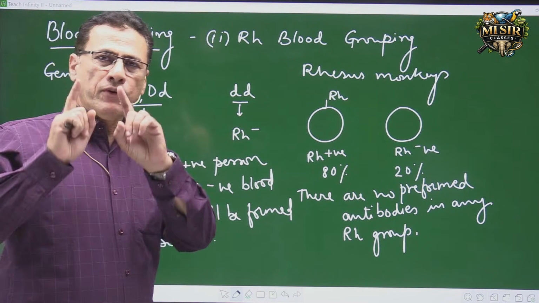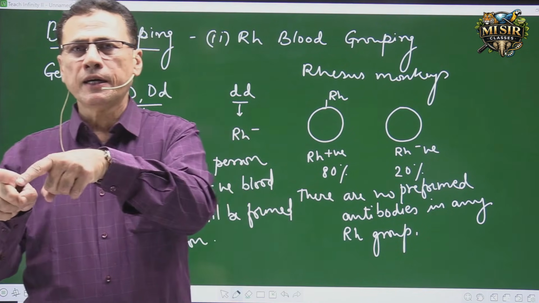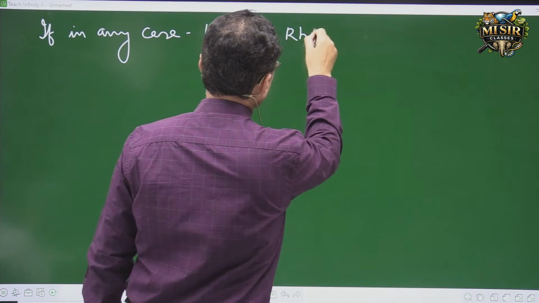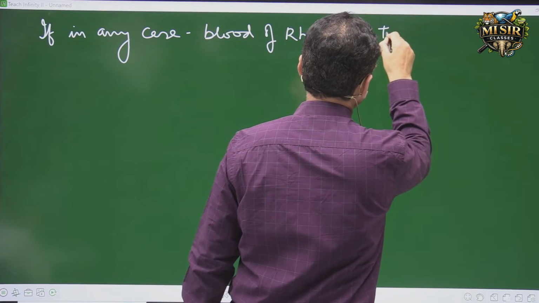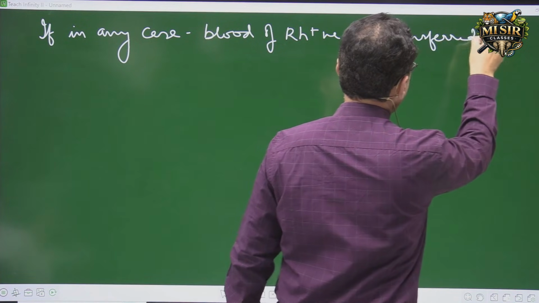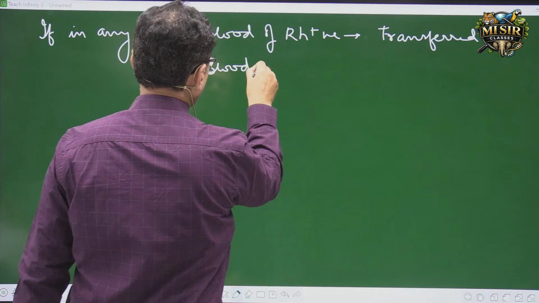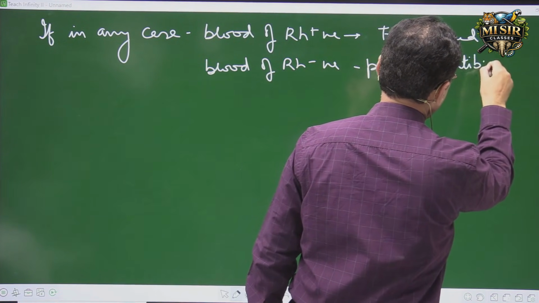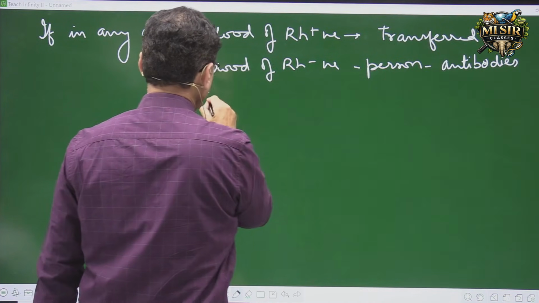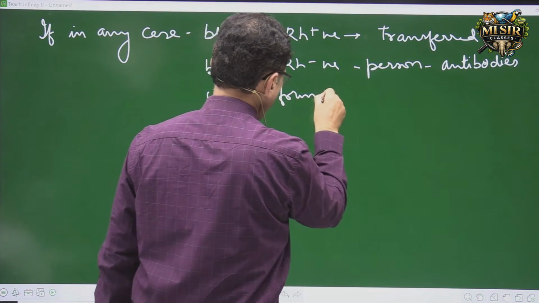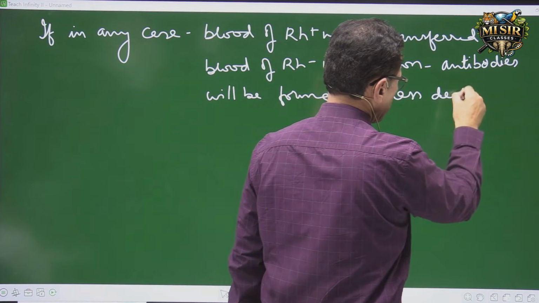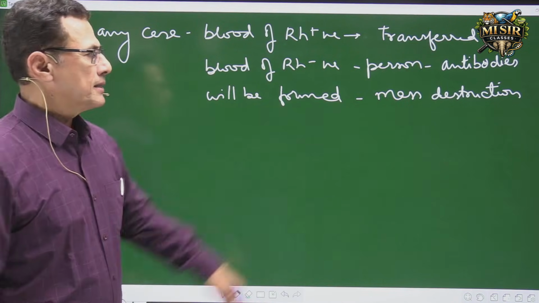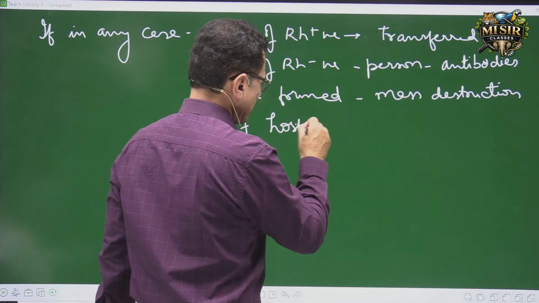When the blood of an RH negative person gets exposed to the blood of an RH positive person, if in any case blood of RH positive is transferred to an RH negative person, antibodies will be formed leading to mass destruction of host RBCs.